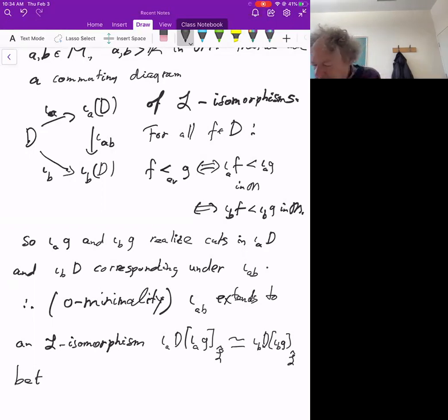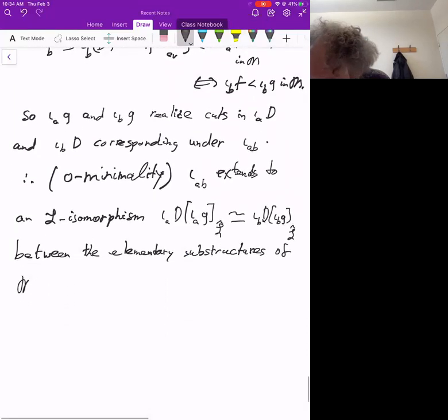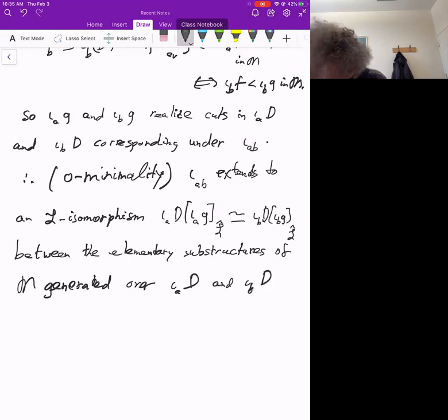Again, it simply means you close off under the L hat operations between the elementary substructures of M generated over iota a D and iota b D by iota a g, iota b g, respectively.